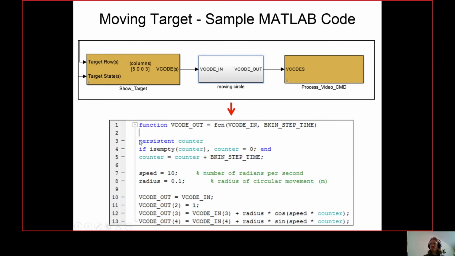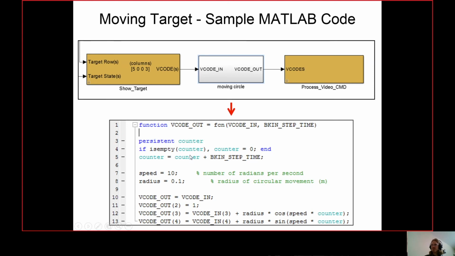A useful thing to remember in here is this persistent variable. Persistent variables in the context of programming your Kinarm can be enormously valuable. These are variables that do not change between calls; their value is remembered in between calls of this function.